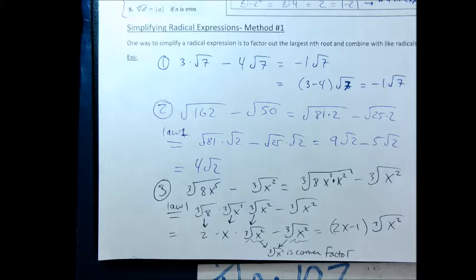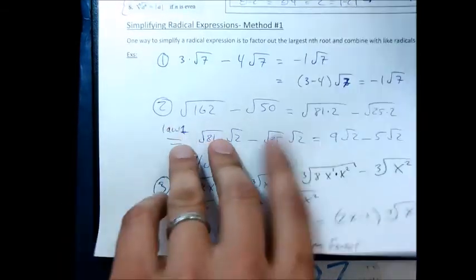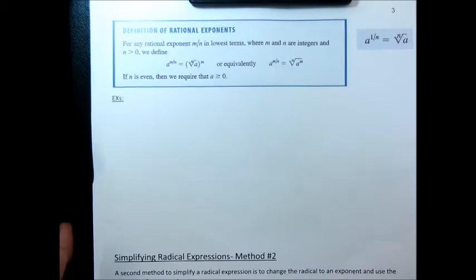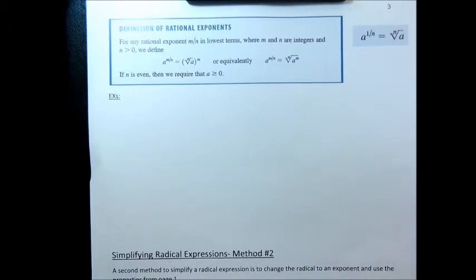All right, let's turn the page and look at the more applicable method here. The method that you'll see more often, the method that you'll see in the homework more often, and give it some practice here. Okay.